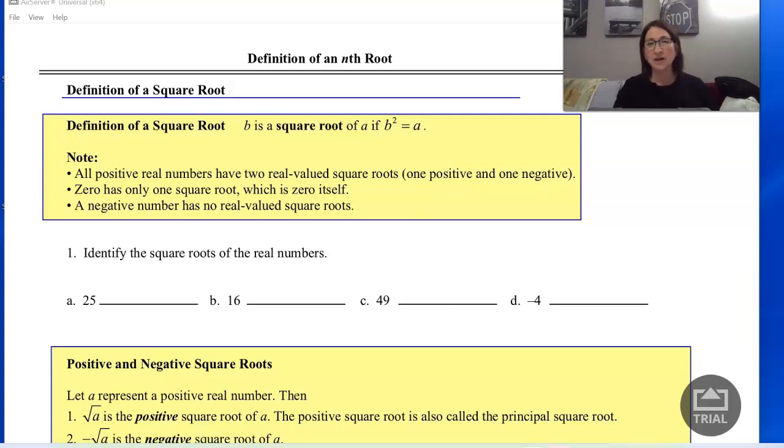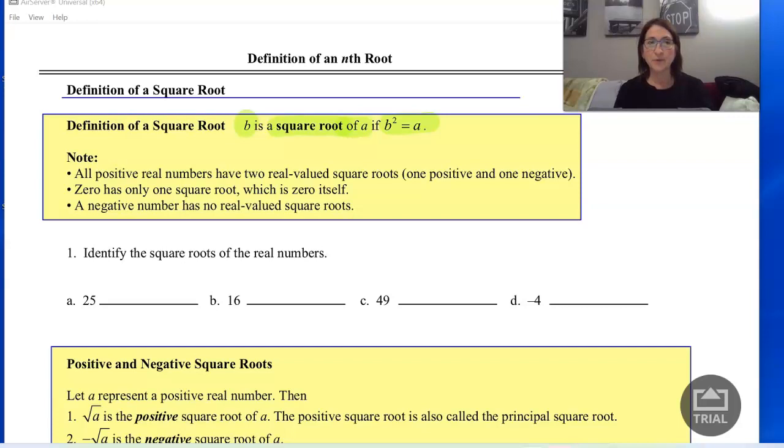So we've been talking mostly about square roots. And we all know that if you take b, that it's the square root of a if b squared is equal to a. All right, so there are a couple things to know.